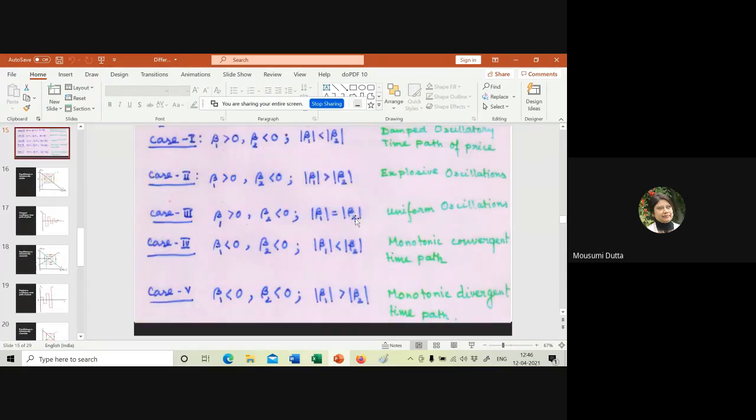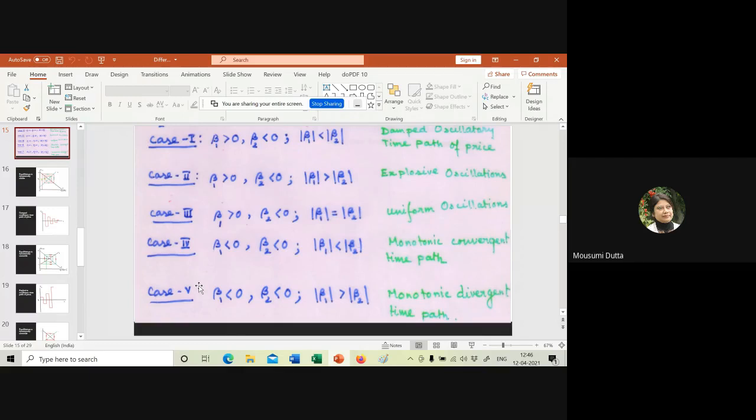We will not be able to derive any consistent result if I consider both the demand and supply curves positively sloped. So we will concentrate only on these 5 cases when we are discussing the cobweb framework.